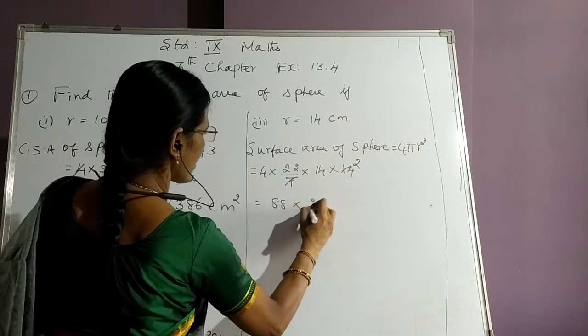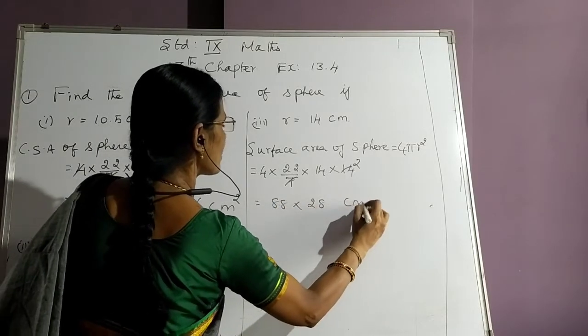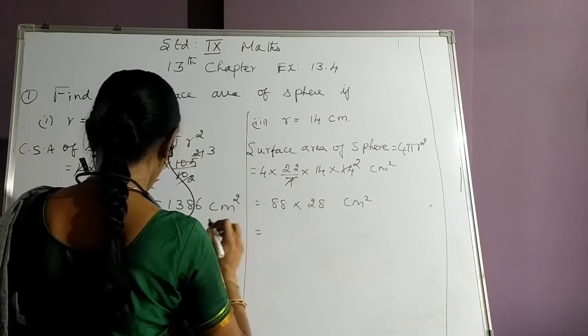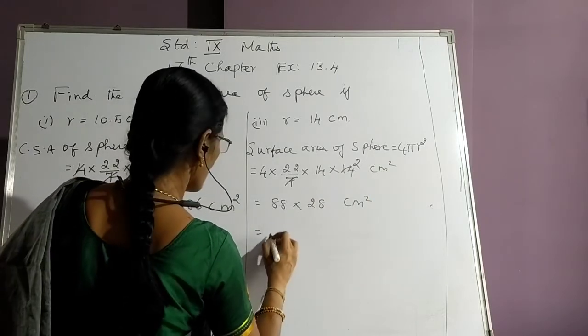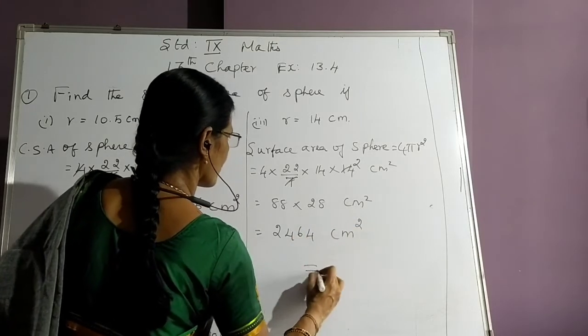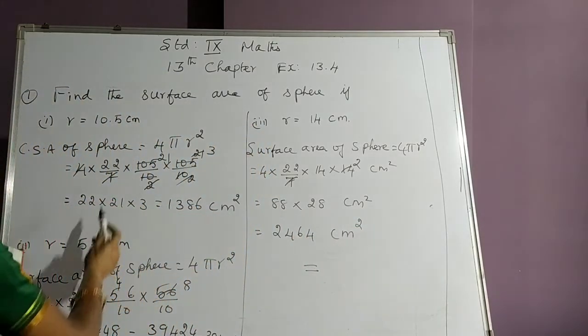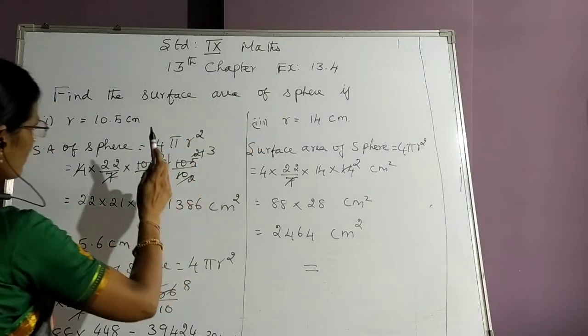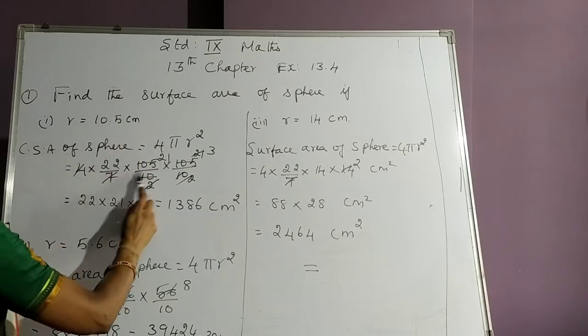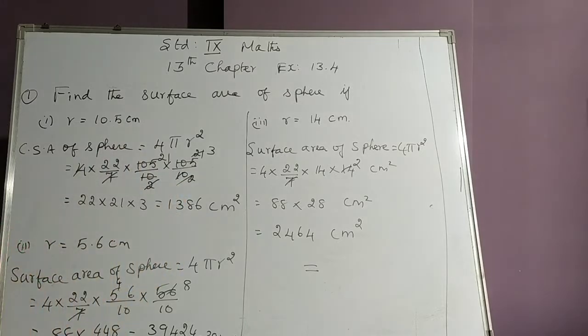It is 88 into 28 centimeter square. Centimeter into centimeter. So multiplying we will get 2464 centimeter square. So it is a direct question. The question is find surface area of the sphere. So remember the formula 4 pi r square. R is given, so just substitute and do the simplification.